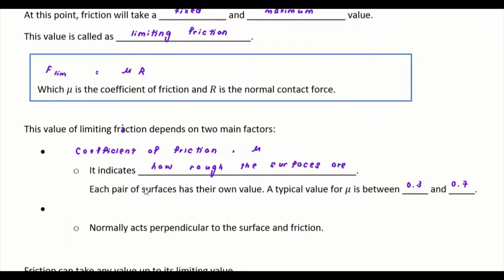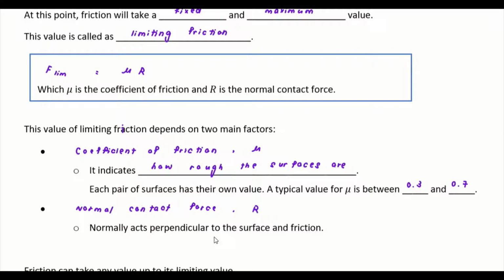Okay, then the second factor is that it depends on the normal contact force. This is the force we saw just now, in the opposite direction. I want to explain a little bit about this. The normal contact force acts perpendicular to the surface.